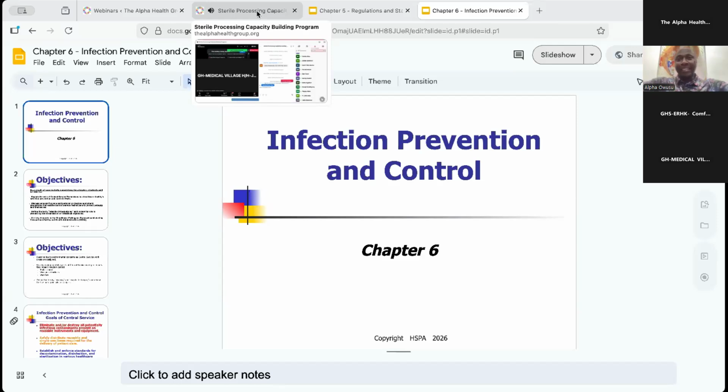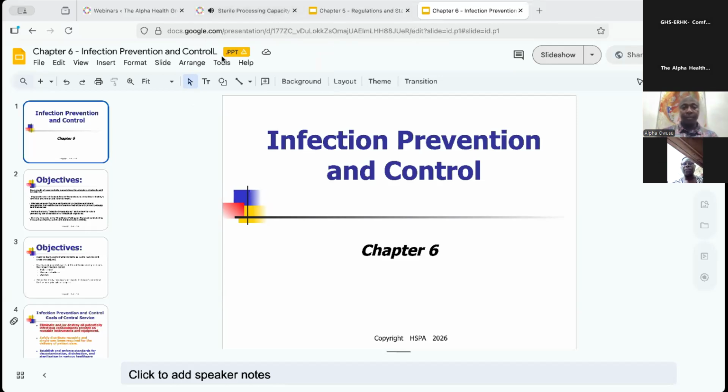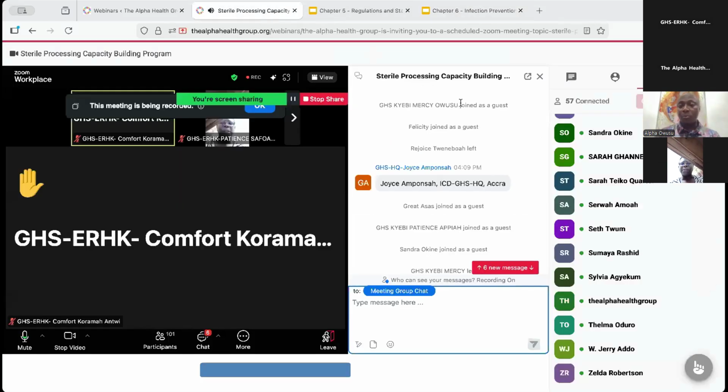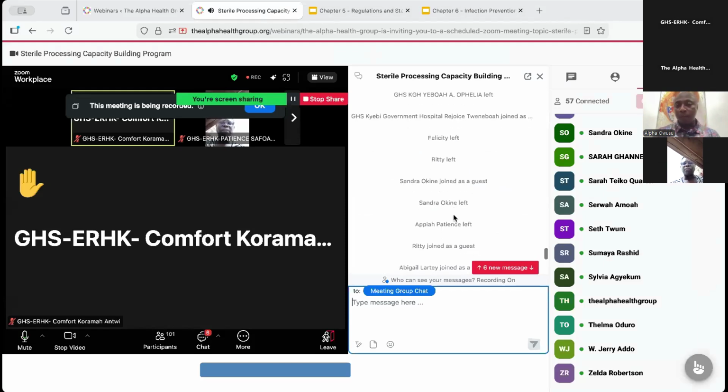Although at the end, they will all come to the quality of care. But somebody should give me the definition of infection prevention and the definition of quality. If nobody volunteers, I'm going to call.